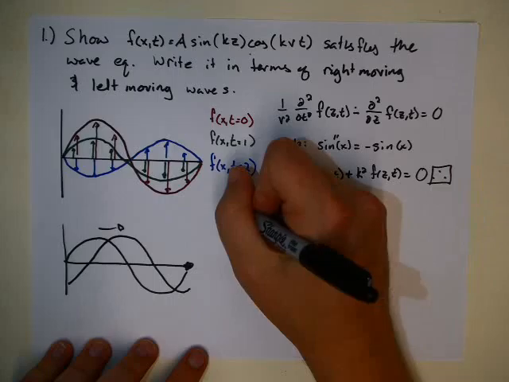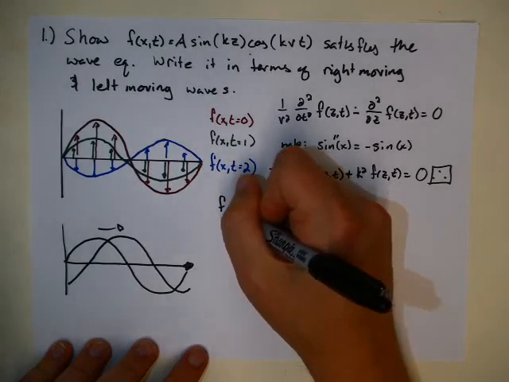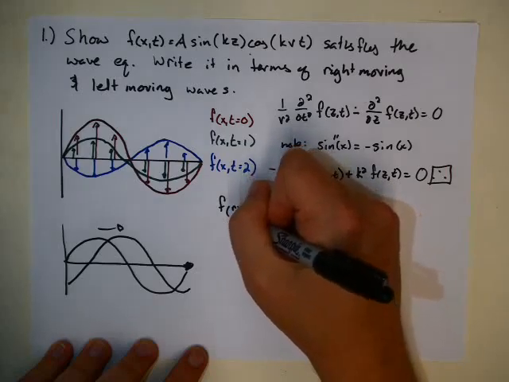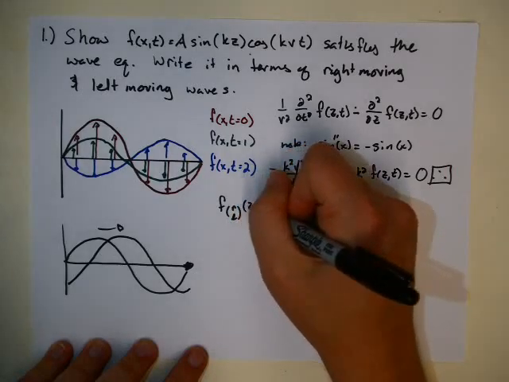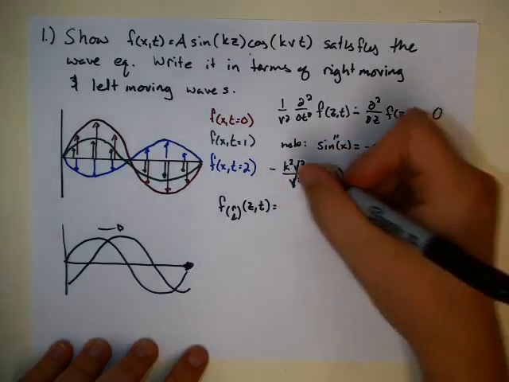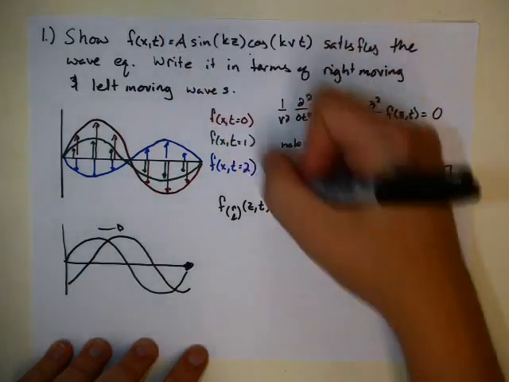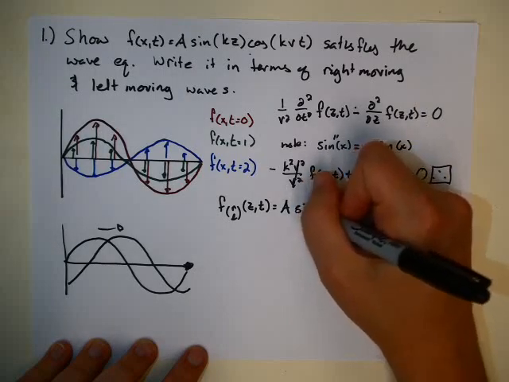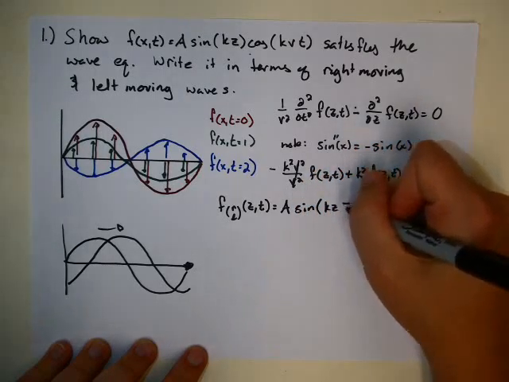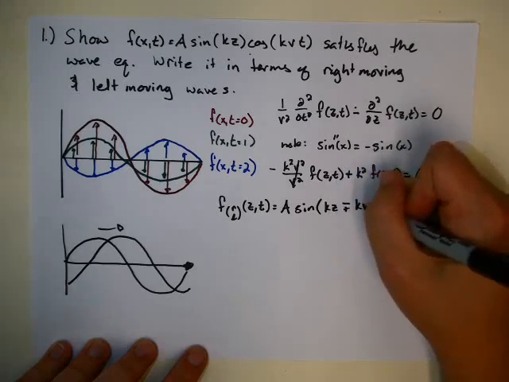The way we can write this down is I can write f, with a subscript of either an r on top or an l on bottom for a right or left moving wave, of z and t, is equal to amplitude, same amplitude, but now I'm just going to put a sine of kz minus or plus kvt.